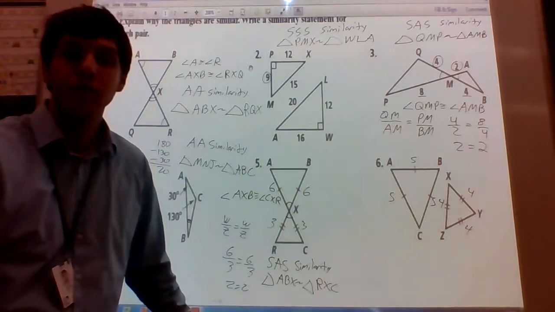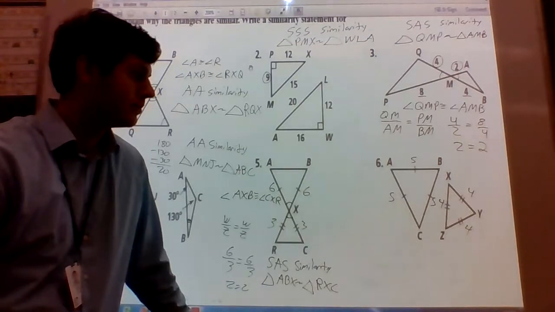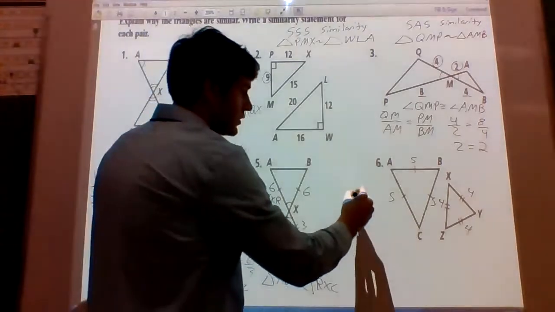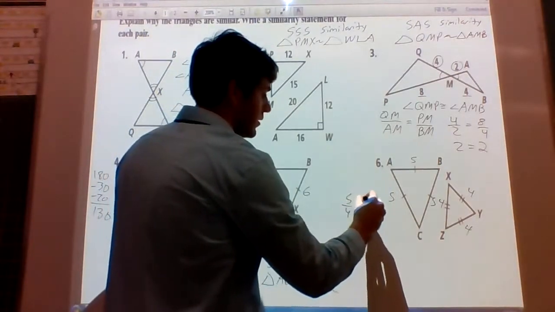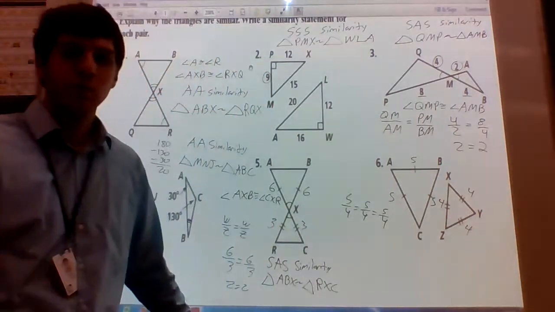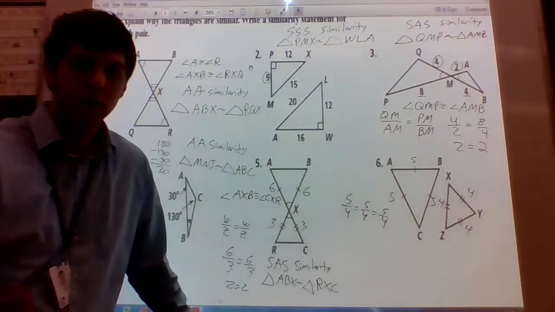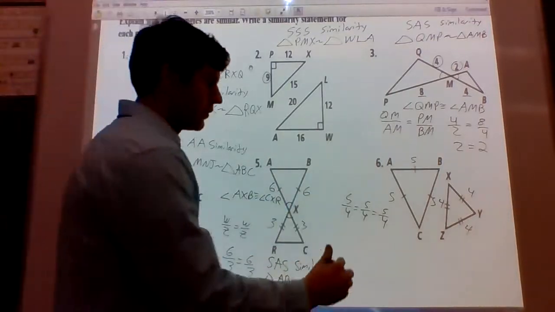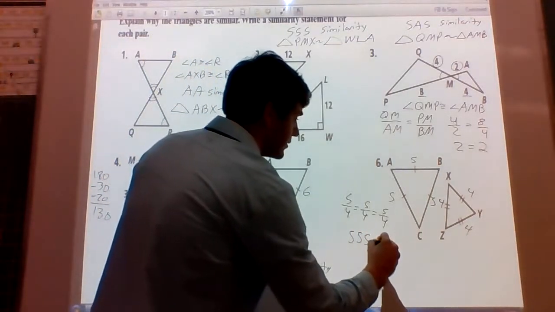Okay. It's an equilateral triangle. Okay, so then our ratios are 5 over 4, 5 over 4, and 5 over 4, which are all the same. And again, this would work for any number. We can do it generically, but those ratios are all going to be equal. Therefore, we can use side, side, side similarity.